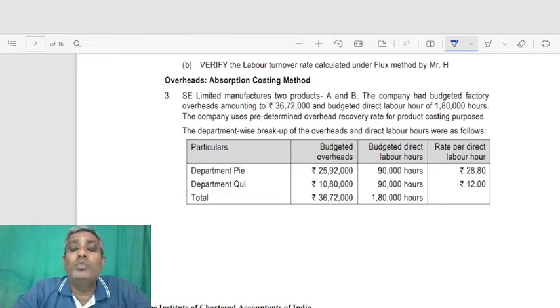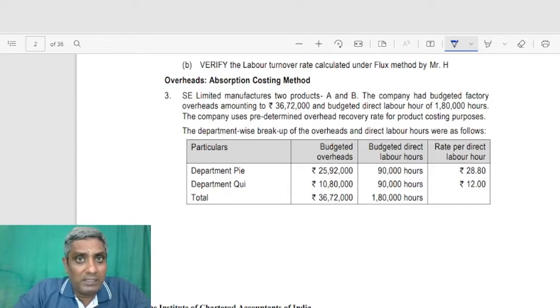Is it not? So very important. What will be the effect on the profit should also be looked into. And another important area is the calculation of machine hour rate. Very, very important. So these are the main points to be looked into while learning overhead costing. Is it not?